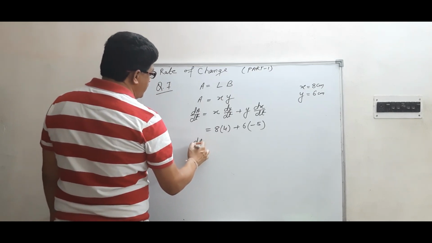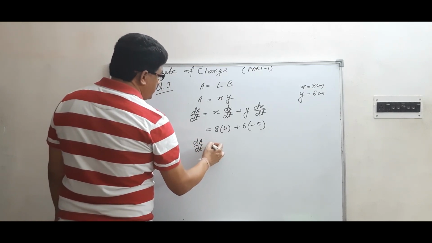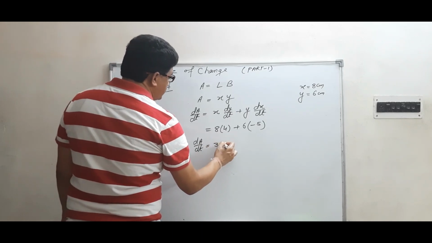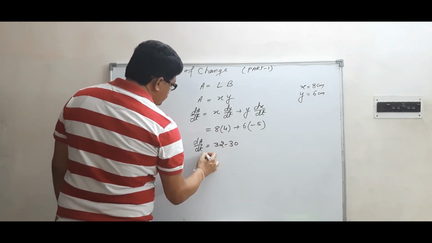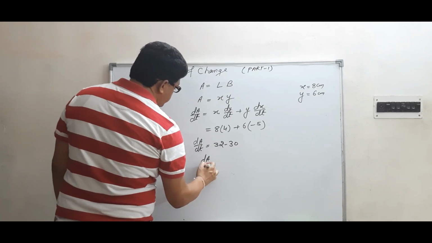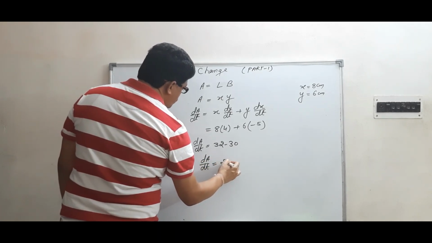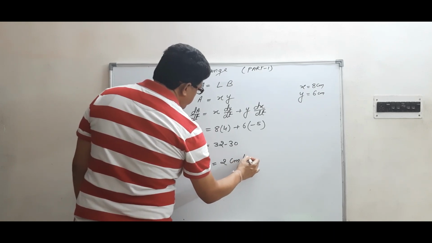So dA upon dt is 32 minus 30, which is 2 centimeter per minute.